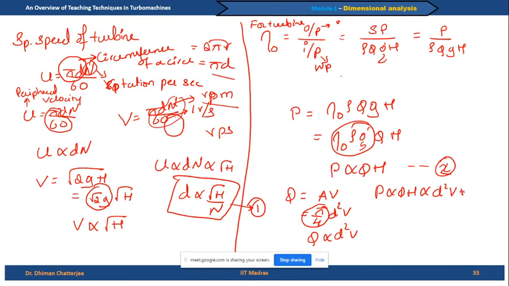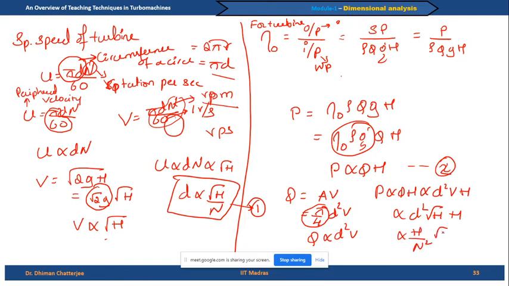Yes. Now V is directly proportional to root H. So we directly write it as d square root H into H. Further, d is directly proportional to root H by n, so d square becomes H by n square.